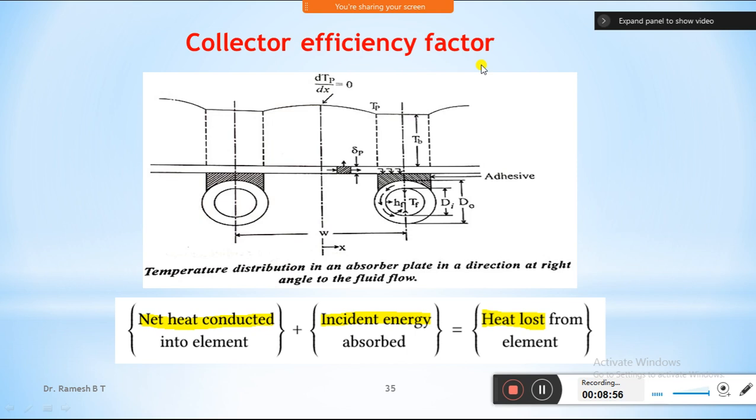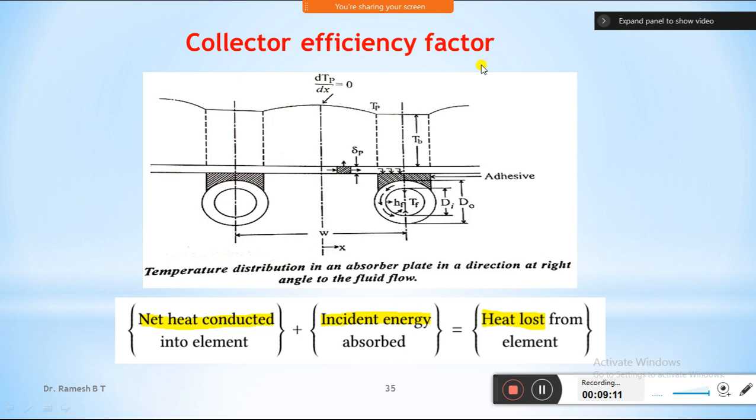In order to simplify the problem, the approach adopted will be a one dimensional analysis, which is what we assumed in the previous slide.